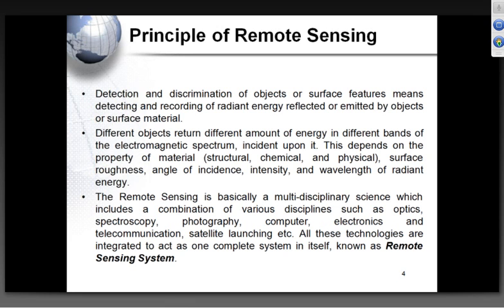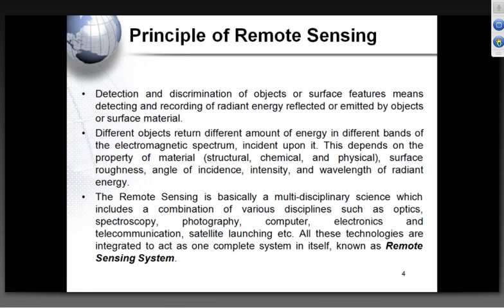Moreover, different objects return different amounts of energy in different bands of the electromagnetic spectrum incident upon it. Different objects will accept different amounts of energy, and accordingly it will reflect the same. Why does this happen? This is because of the property of the material, whether it is structural, chemical, or physical.